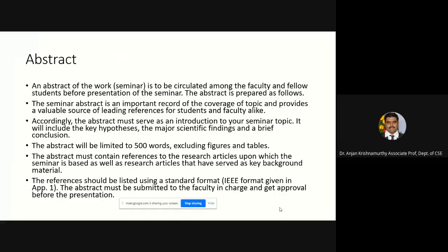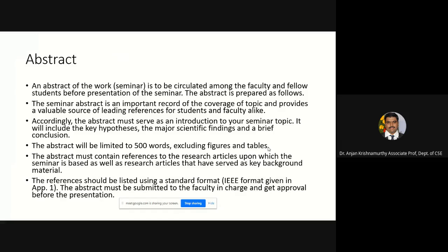So the abstract will talk about the coverage of topics that you have included, valuable resources leading to references, the market value of the domain or the topic that you have chosen, the hypothesis of that topic, major scientific research findings, and a brief conclusion, right? It is very important that the abstract be limited to 500 words, excluding figure references, citations and tables.